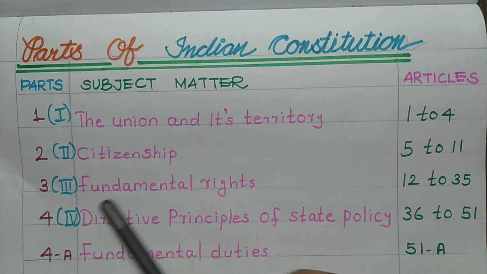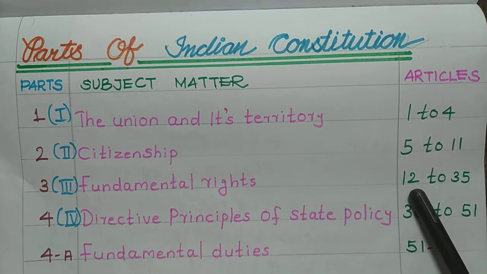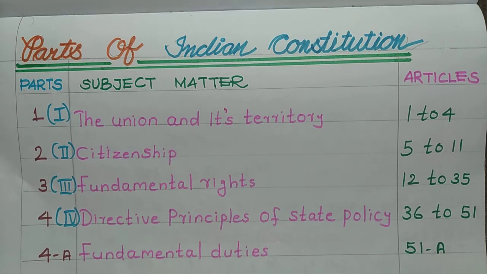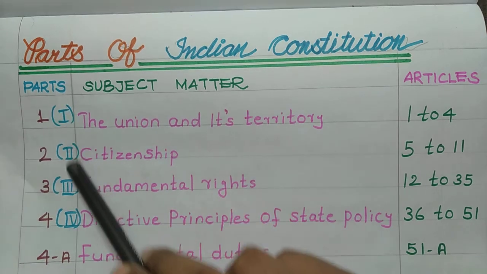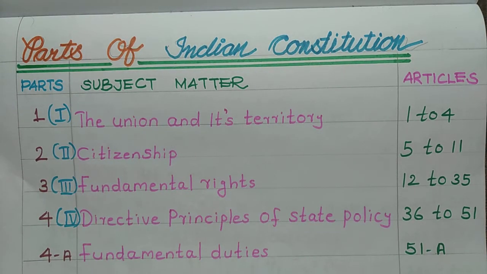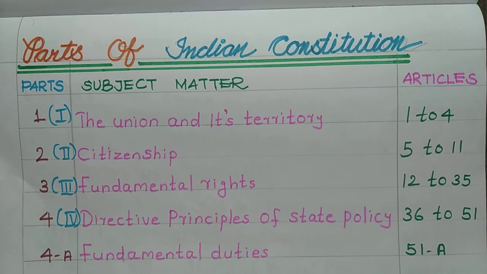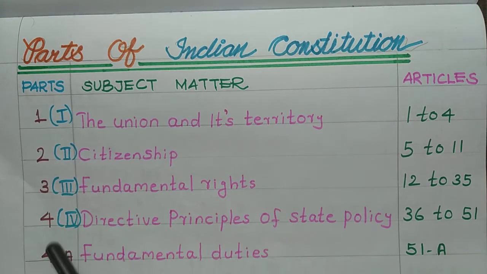Part 3, fundamental rights, articles 12 to 35. Here you can see the Roman letters and here you can see the numbers. While we are writing the parts, we are using Roman letters. For understanding purposes, I am writing numbers here.